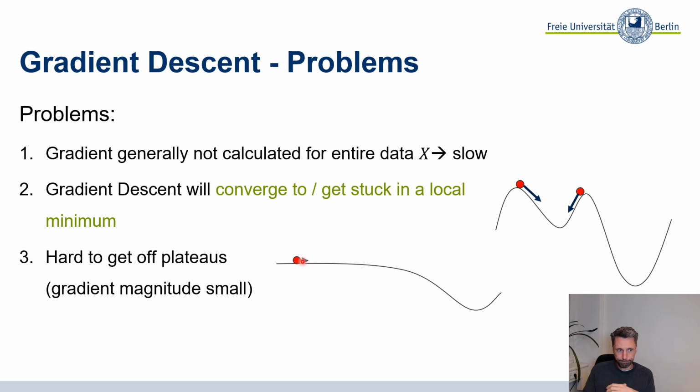So you can even run into your numerical precision, and then there will be no change. So you will get stuck on a plateau, even if it's not perfectly flat. This could happen too, but then there's no gradient information at all, and you won't be able to even theoretically go from there into the right direction, because you don't know what is the right direction.